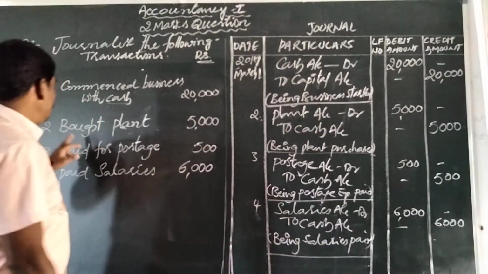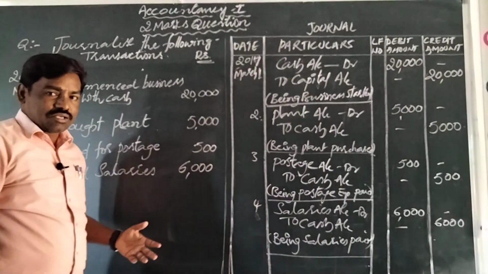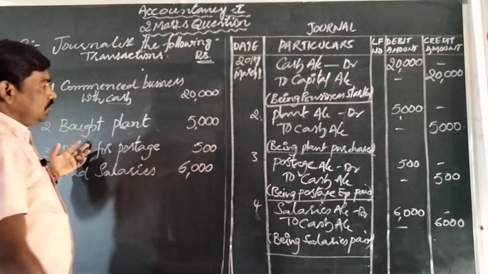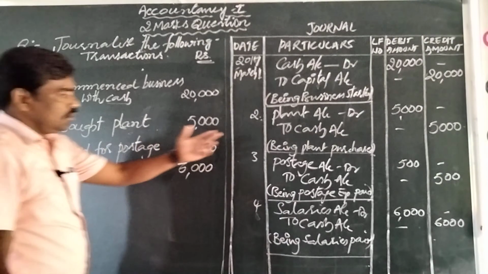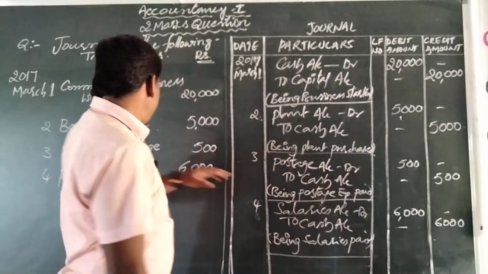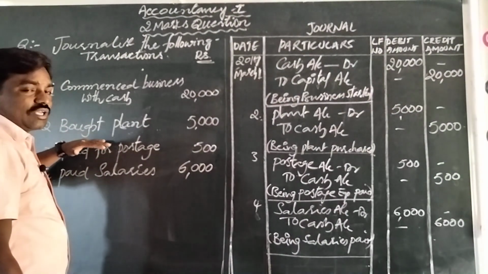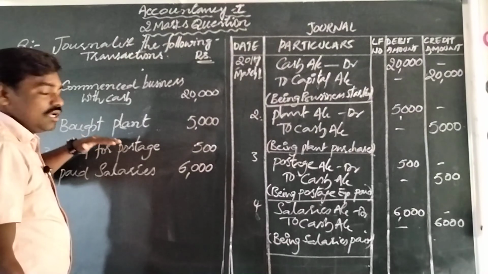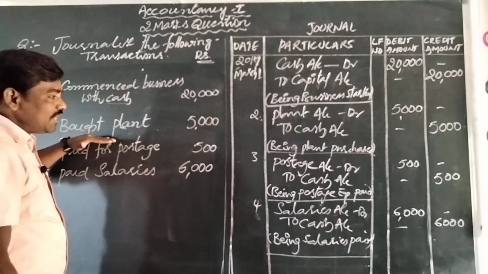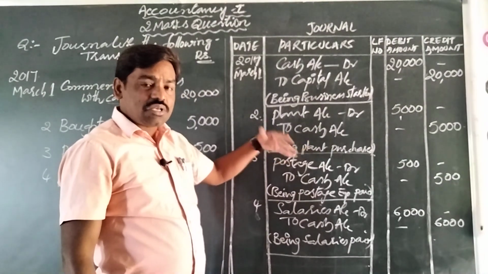And come to the next one, bought plant. So here when we purchase the plant, plant account debit, that is the asset that comes into the business, that should be debited. And here only one aspect we find in this transaction, so the other aspect we can guess as cash, because it is a cash transaction. When we purchase the plant, is the cash coming into the business or going out of the business?